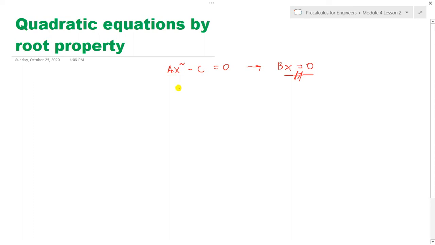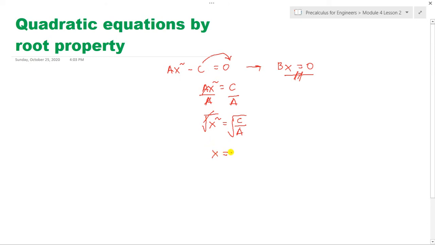By the root property, class, you need to transpose this constant to the other side. So we have now ax squared equals positive c. Then since we only want x, we divide both sides by a. So we have x squared equals c over a, and then square root both sides, so that only x remains, since the same exponent and index cancel out.